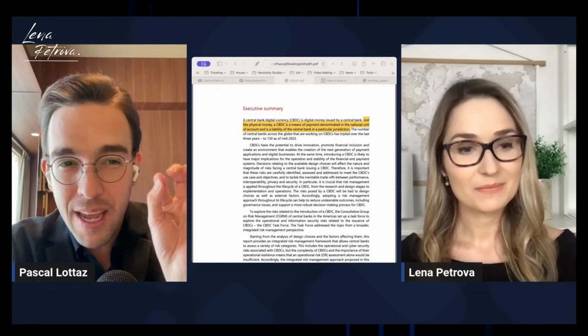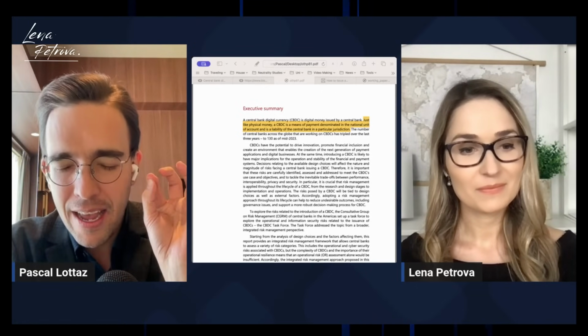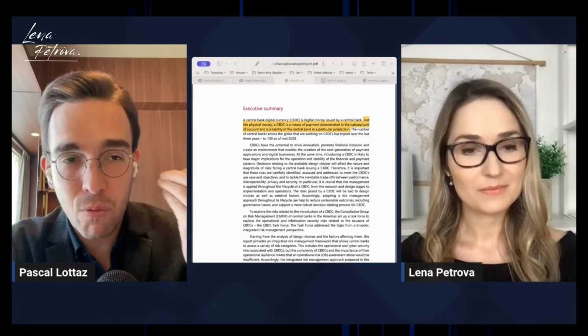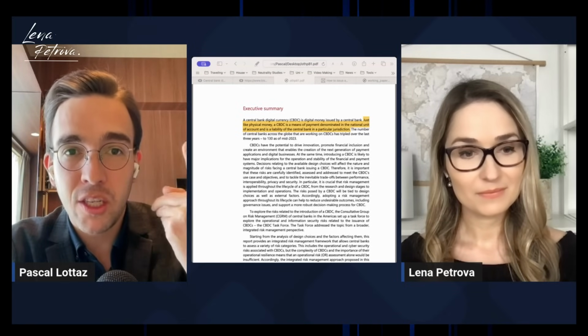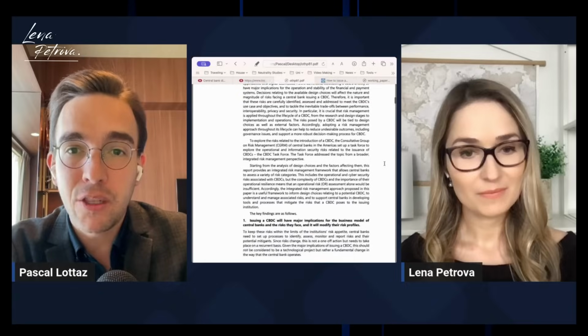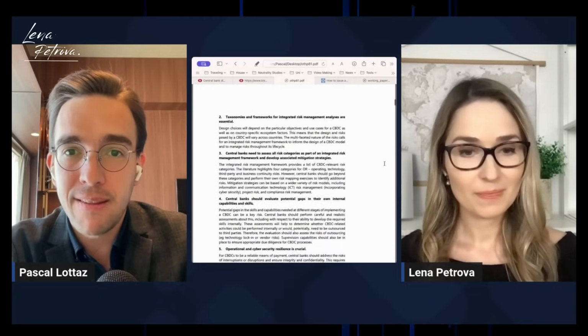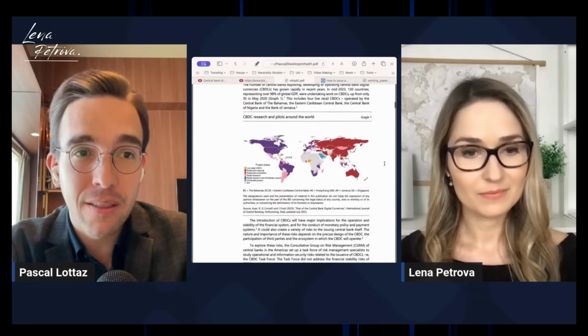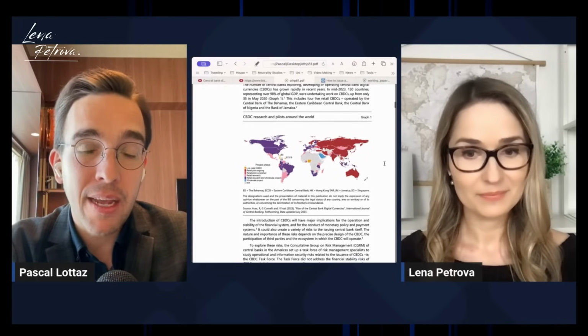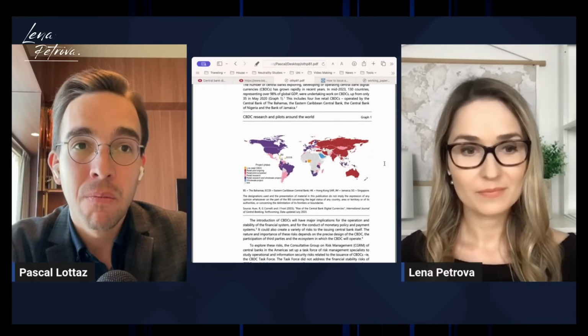Now the thing with the CBDC is that if the central bank does it in one way, it would be direct access from us to digital money from them, which at the moment doesn't exist. So that is the novelty of the CBDC. But what this paper also says is that there are different ways of giving access to a central bank digital currency.